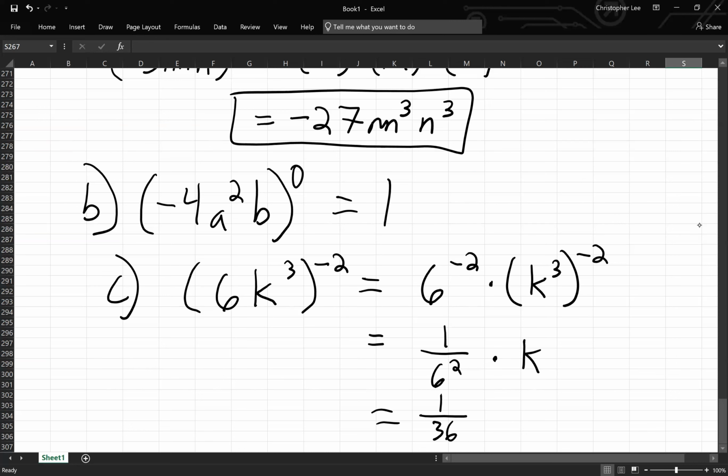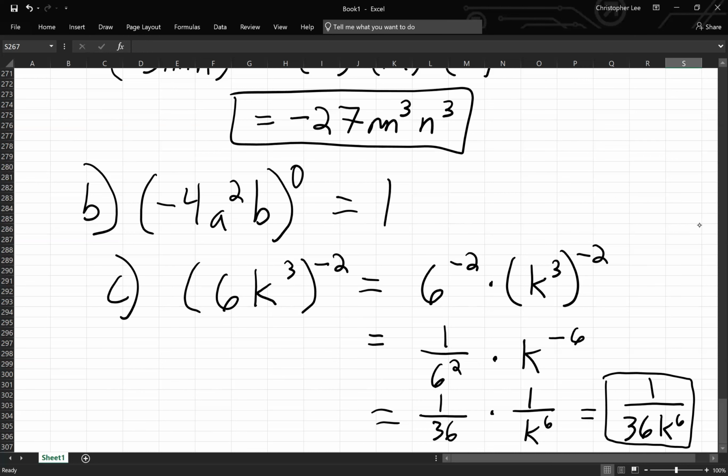You're close, -6. Now we're talking. But wait a minute, it's a negative power. What happens to it? Right, it becomes 1 over K to the 6, just like this. And then we just multiply straight across. Final answer: 1/36 K to the 6 power. That's it.